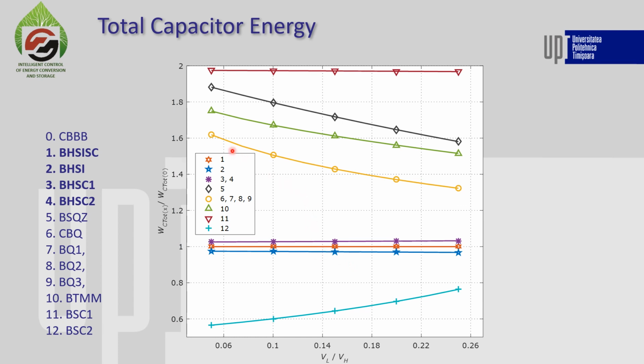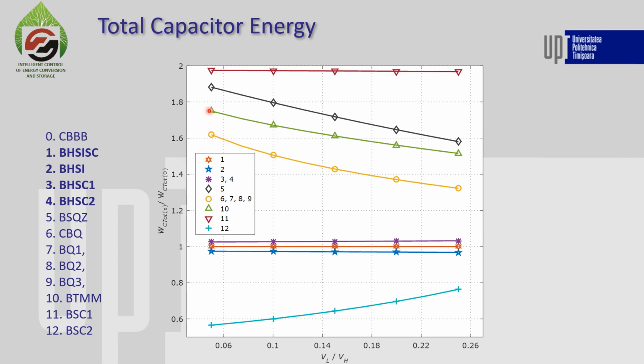Next, if we look at the graph, we see that the total capacitive energy for the quadratic converters is much higher. We see here almost 60% more for a low conversion ratio of, let's say, 5 or 6.